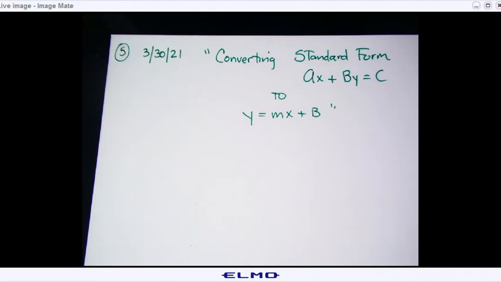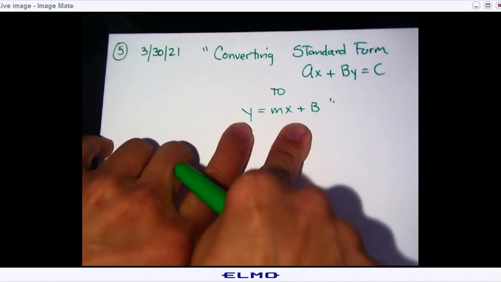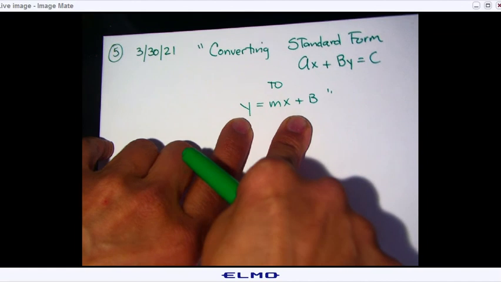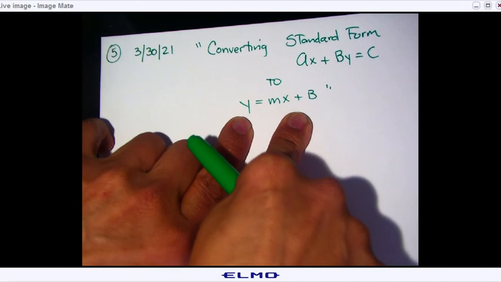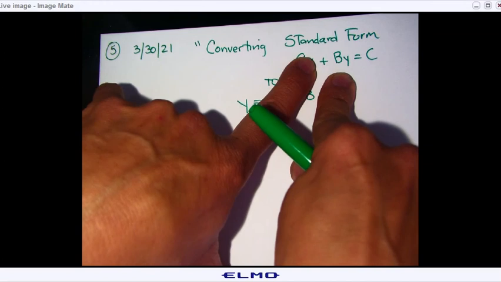All right, so what we're doing today is graphing, in a sense, that we're doing the equations. However, we're not gonna graph today, okay? What we're gonna do is convert what's called the standard form.